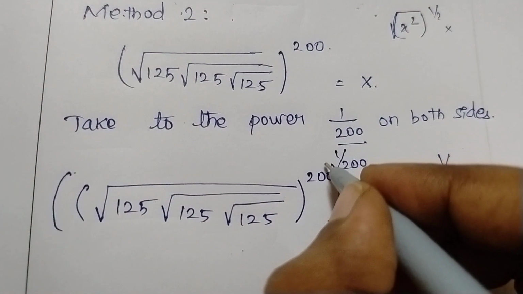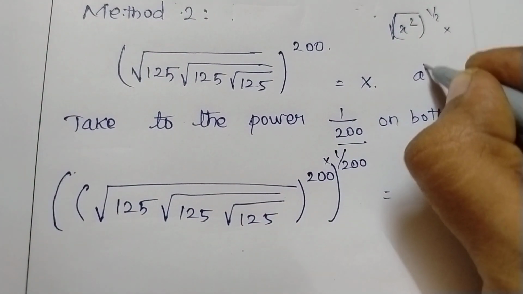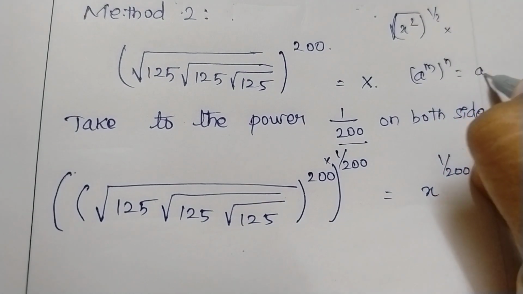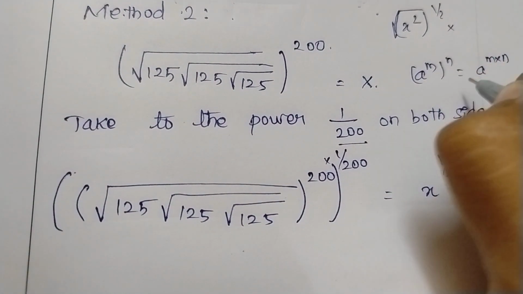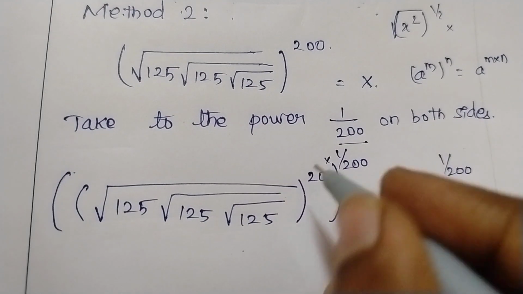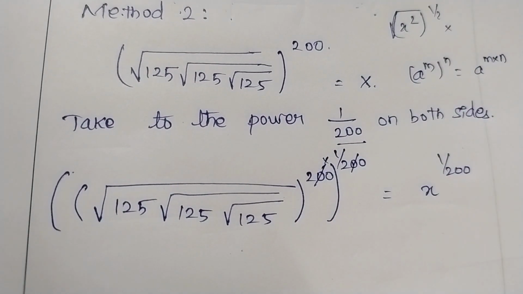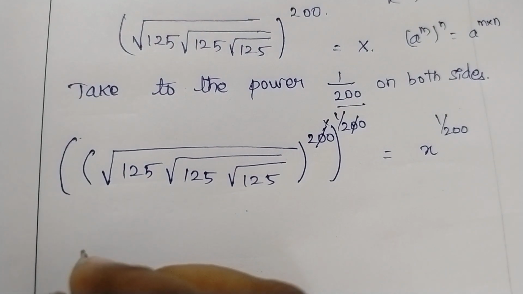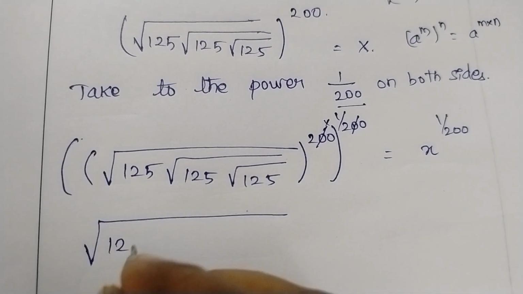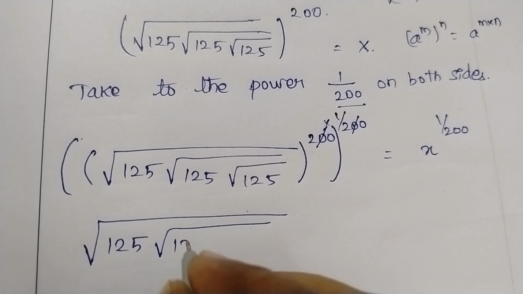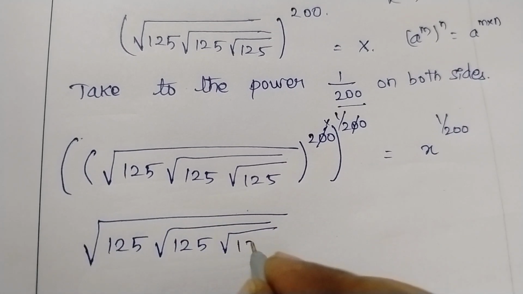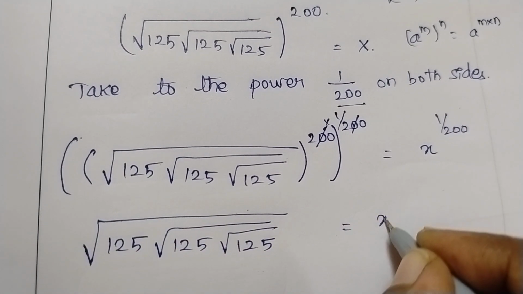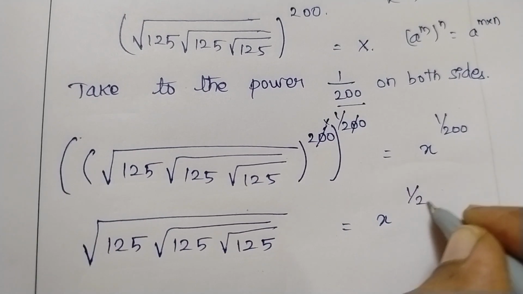So we can multiply these two based on the rule a power m, the whole power n can also be written as a power m into n. So based on this rule we can multiply these two. Since 200 and 200 get cancelled, what we have here is root of 125, root of 125, root of 125, which is equal to x power 1 by 200.